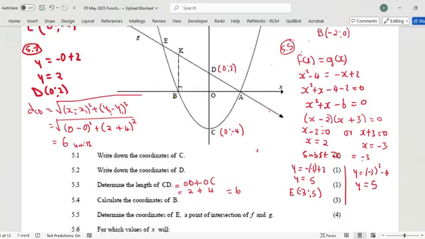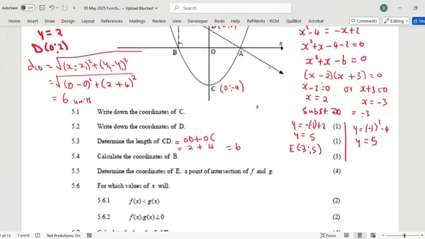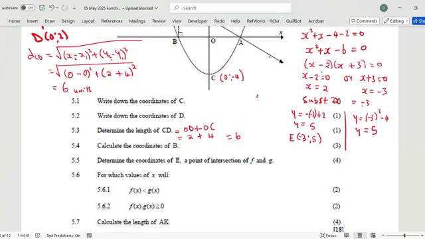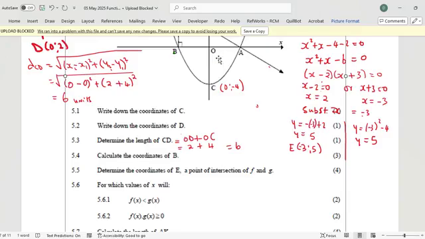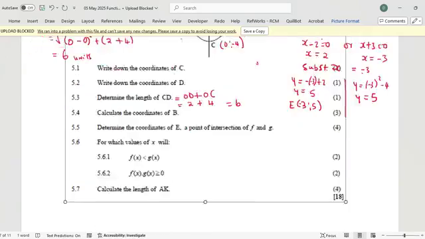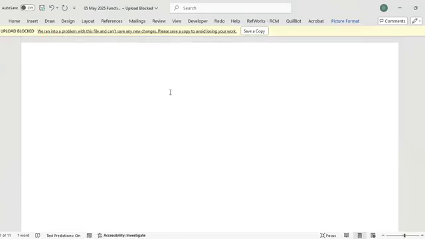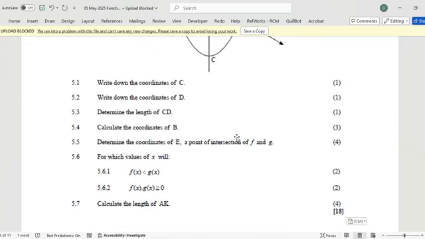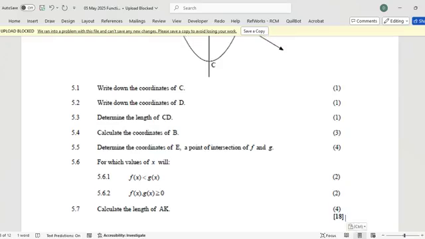No question. Okay. We're almost there. For which values of X? Allow me to avoid this mess by taking this down here. For which values of X?